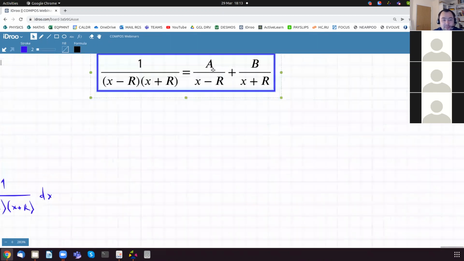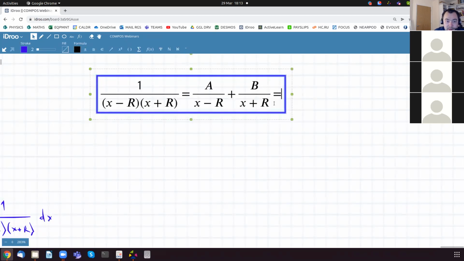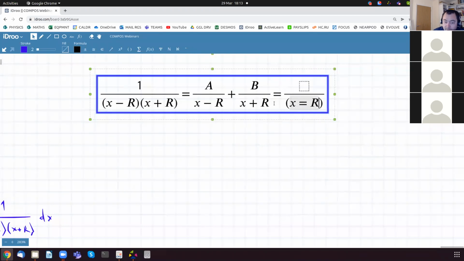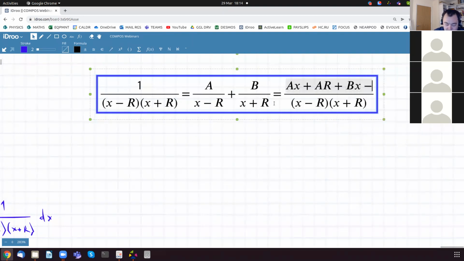Some of you might have done them. Some of you might maybe not. But we simplify this, we make it into one fraction. So x minus r. Remember, r is a fixed number, and x is a variable. x plus r. And here we get ax plus ar plus bx minus br.